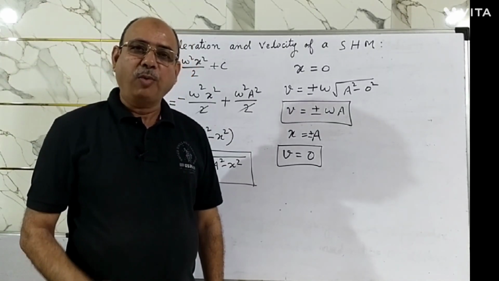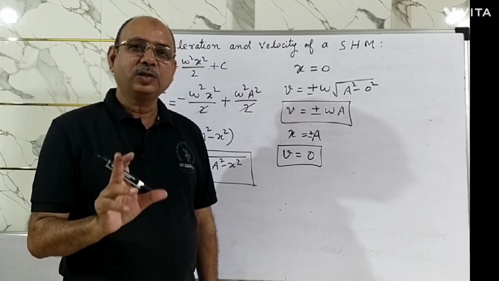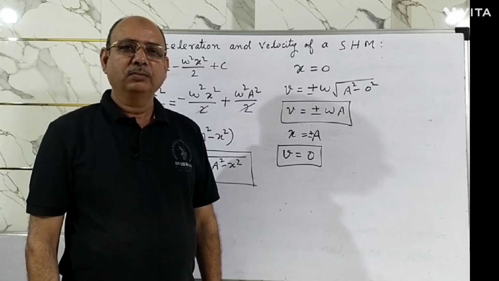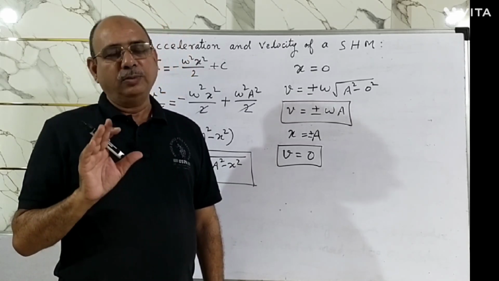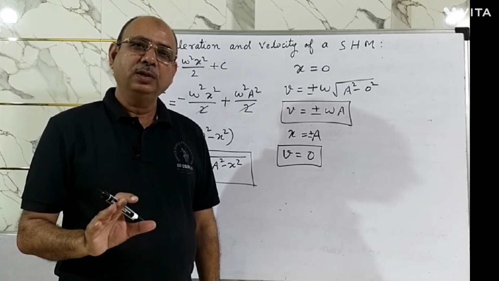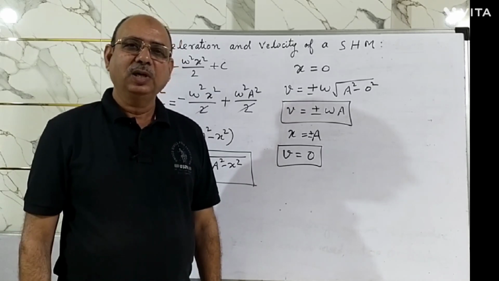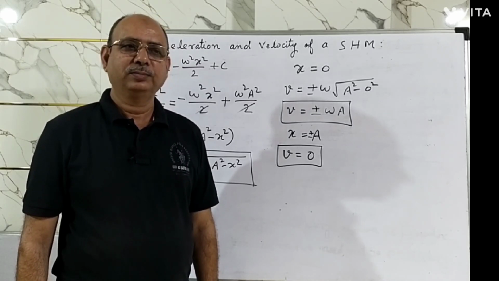That means when the body performing the linear simple harmonic motion is at the extreme position, its velocity is 0. So in a body performing linear simple harmonic motion, velocity is 0 at the extreme positions and is maximum at the mean position.